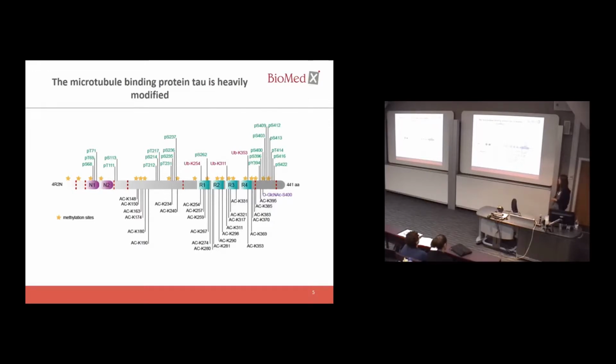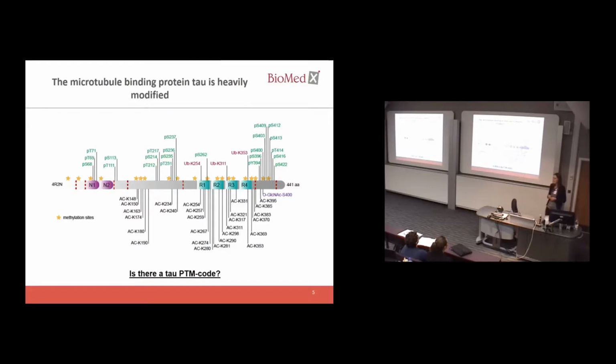As you can appreciate from this cartoon, tau is subject to very many phosphorylation events. We have a lot of acetylation that has been reported. Methylation has been seen, where nobody really knows what it does. We have ubiquitination, which is sometimes counteracted by sumoylation. We have a sugar modification that has been reported. So it's a big, complicated mess, really.